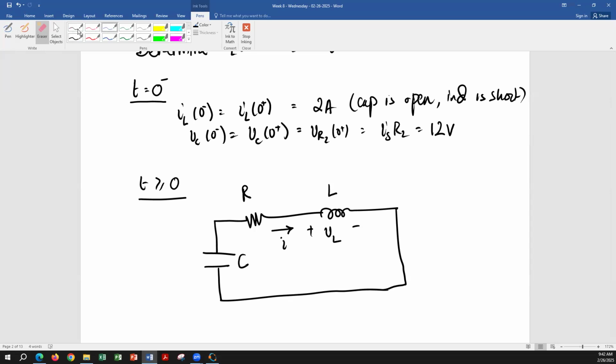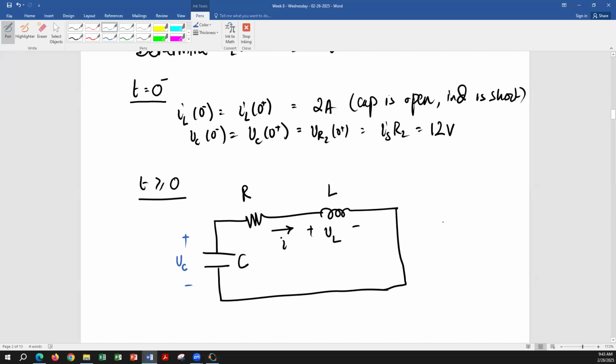We can still assign the same polarity, although the capacitor eventually is going to change its polarity. But initially, the capacitor polarity is going to be the same, since capacitor voltage cannot change instantaneously and inductor current cannot change instantaneously.